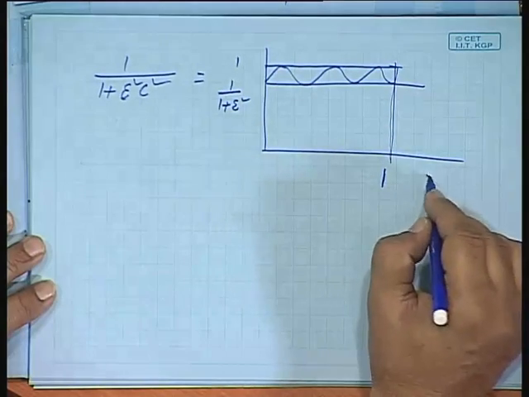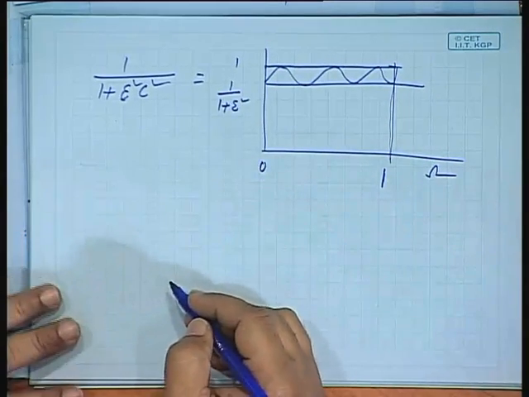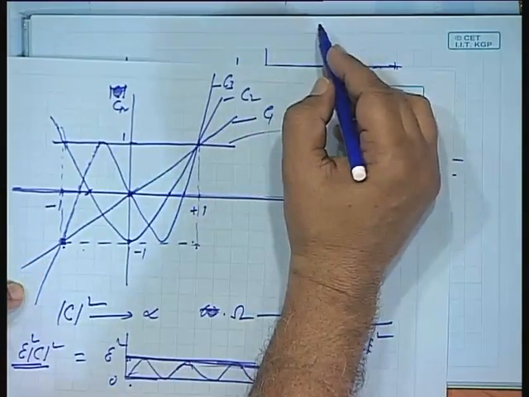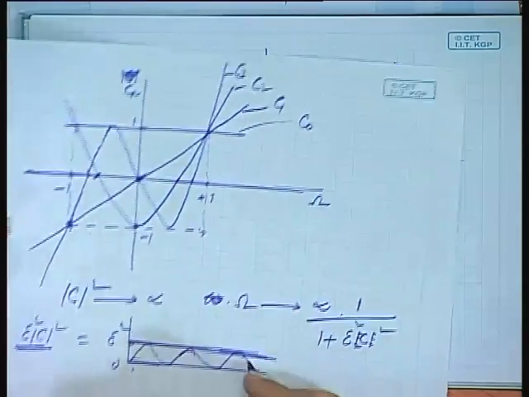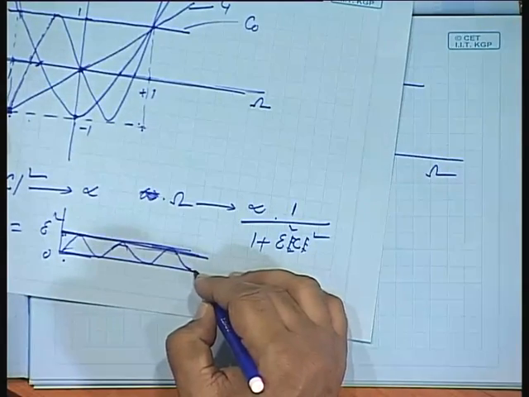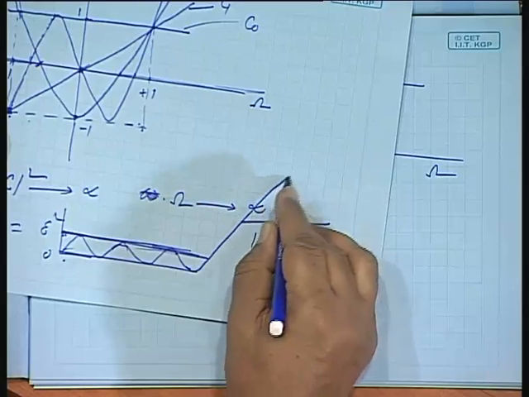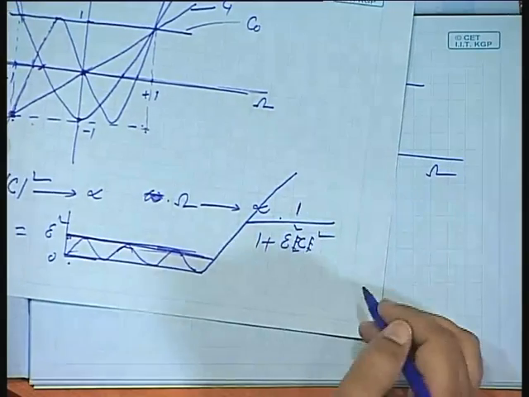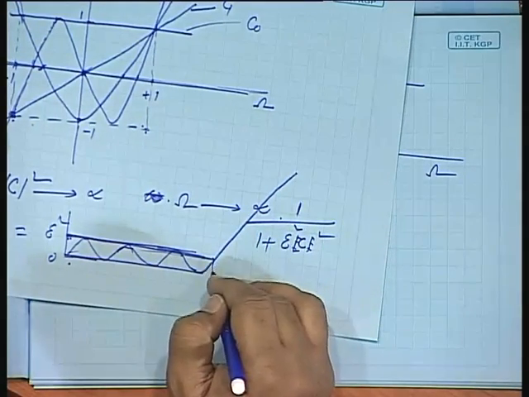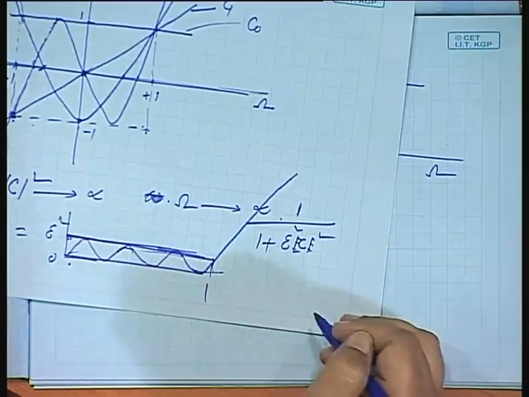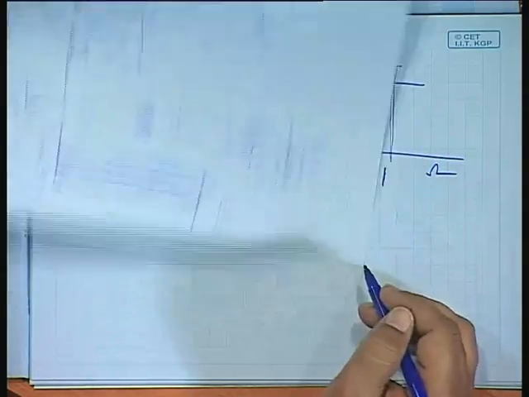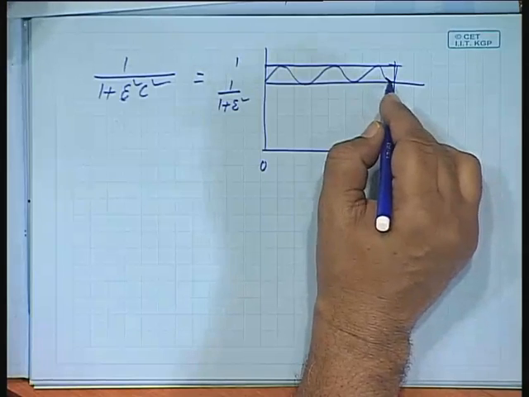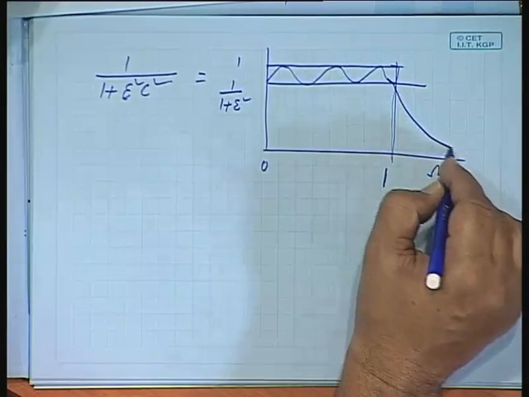This is 1, and after that the magnitude goes on increasing, either on this side or on that side. If you square it, it will always be positive. So epsilon square c square, whatever the order, will be going up like this beyond 1. When omega is greater than 1, it will be shooting up, so the response there will be falling gradually.